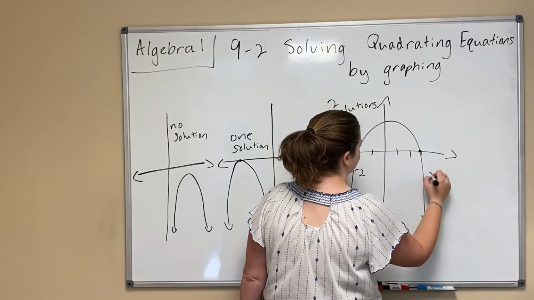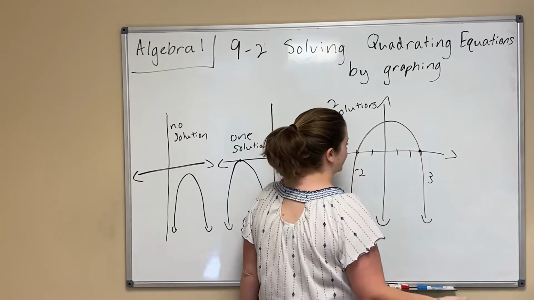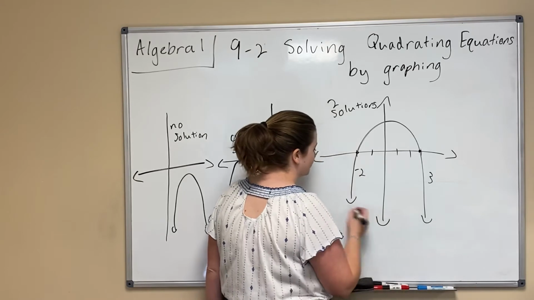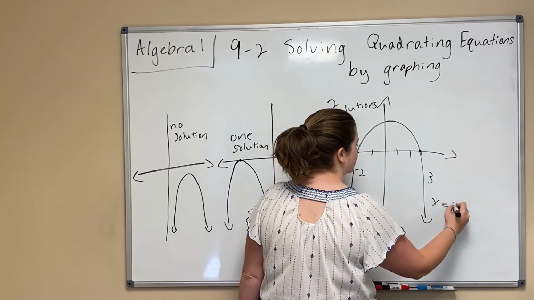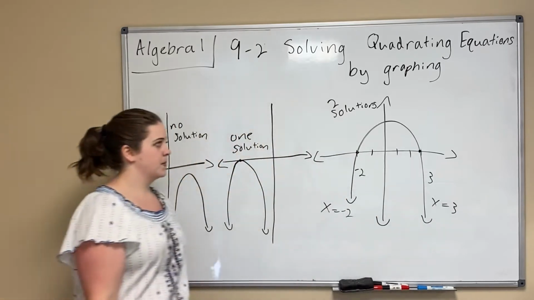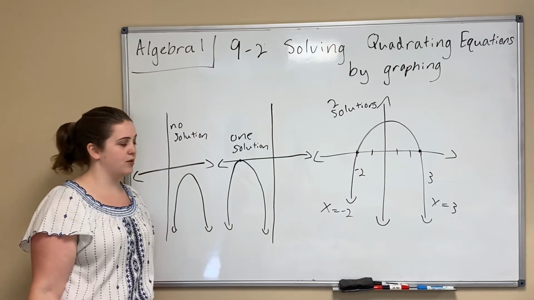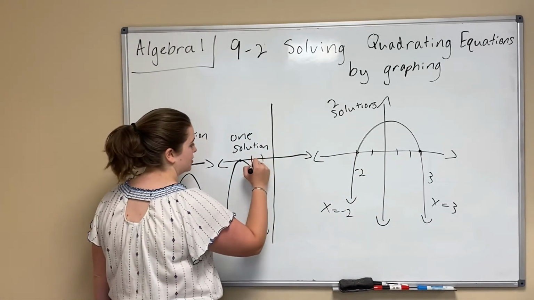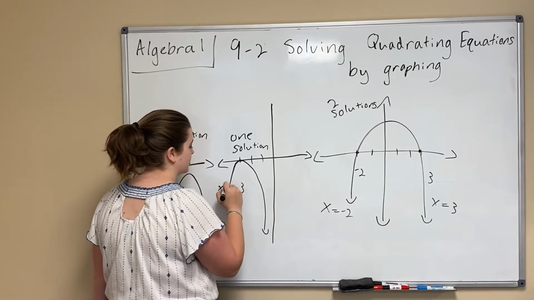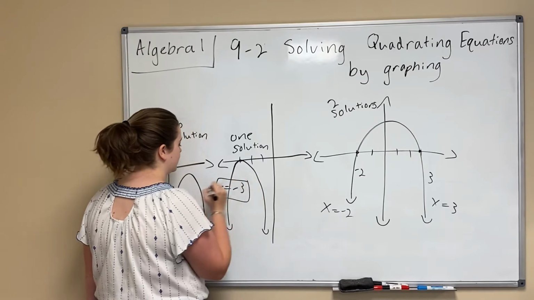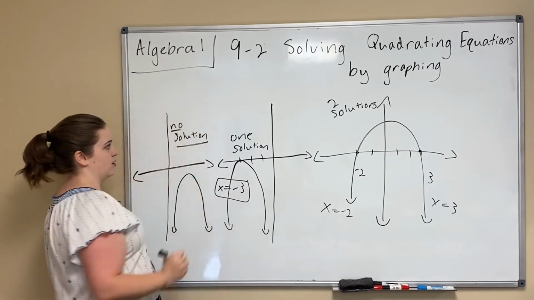Looks like +3, just because I did this. So my 2 solutions there would be x equals -2 and x equals 3. Pretty straightforward. With this one, 1, 2, 3, -3, and it just had x equals -3 as its one solution. And with this one, you would just write no solution.